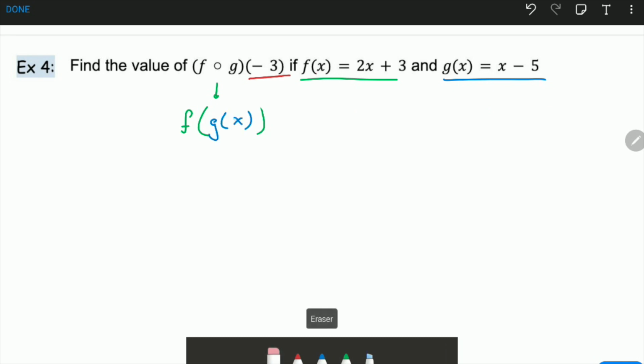However, this time we're evaluating, so we're not finding f of g of x, we're finding f of g of negative 3. So, using the second method of evaluating in pieces for composition means that we're going to be starting with the inner piece and working our way outwards. We can't do anything with the negative 3, so that portion is already done. So we'll focus on g of negative 3.